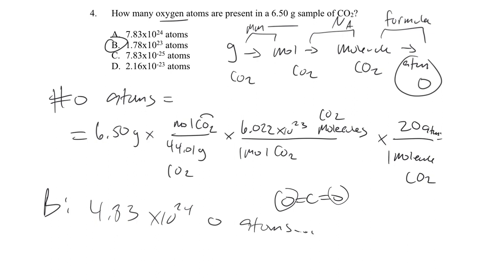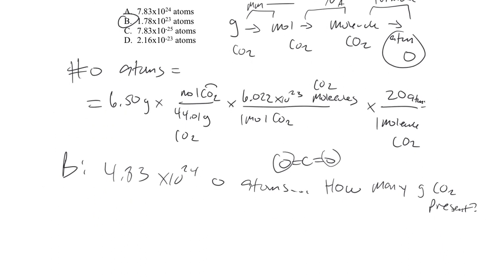You could then say how many CO2 molecules are present, or how many grams of CO2 are present. So for us to have within a CO2 sample 4.83 times 10 to the 24 O atoms, how many grams of CO2 would be present? This is just going the other way, going back to grams, starting from O atoms.